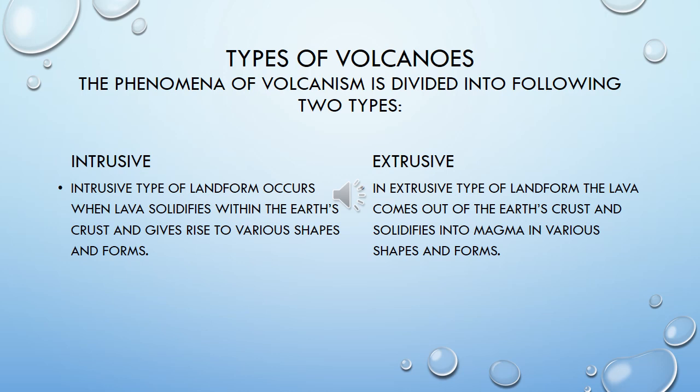On the other hand, in extrusive type of landform, the lava comes out of the Earth's crust and solidifies in various shapes and forms. So, in extrusive type of landforms, the landforms form on the surface of the Earth, not inside. That is the difference between intrusive landforms and extrusive landforms.